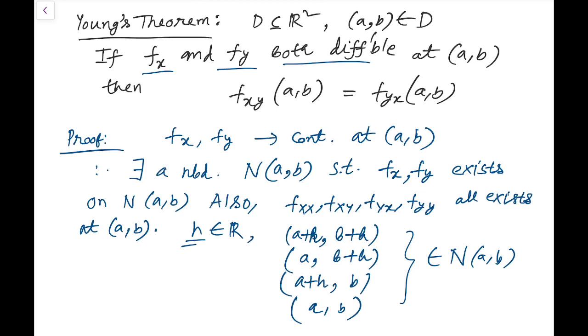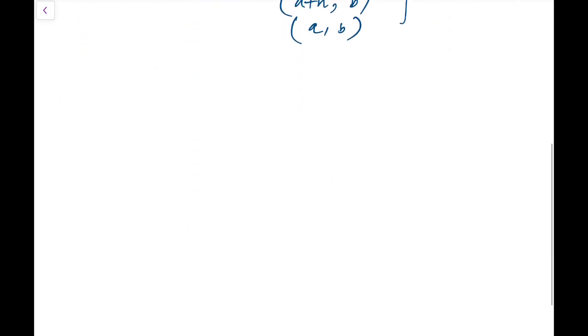So we are choosing h in such a way that all these points belong to the neighborhood of (a, b).